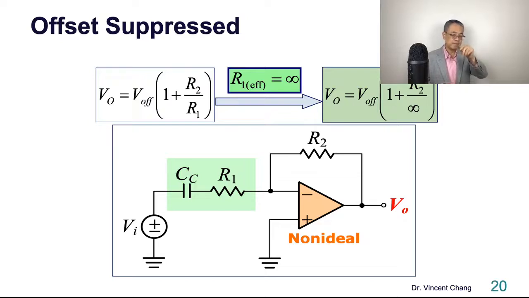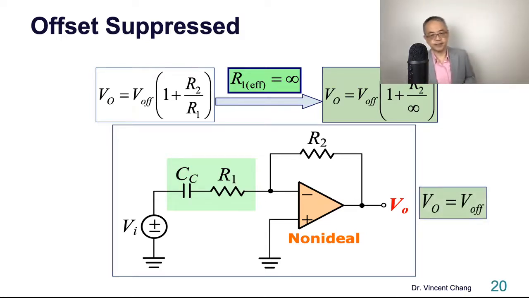For this, if the signal frequency is low, then if you talk about the amplifier, this will pose a limitation for the low frequency amplification. All right, but anyway, I just give you an idea that there are some schemes or ways to suppress the offset voltage, something that you can think about.